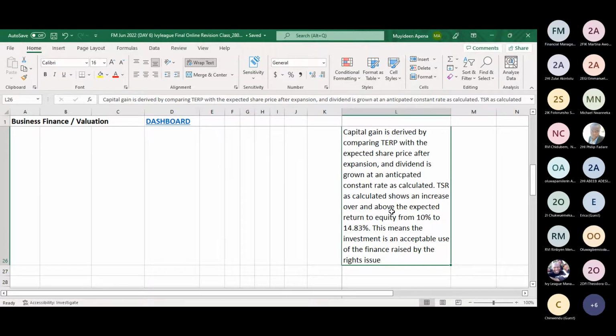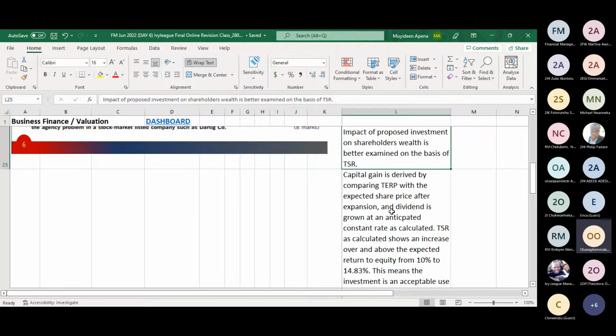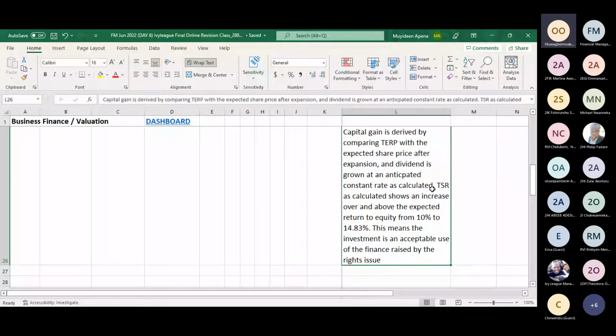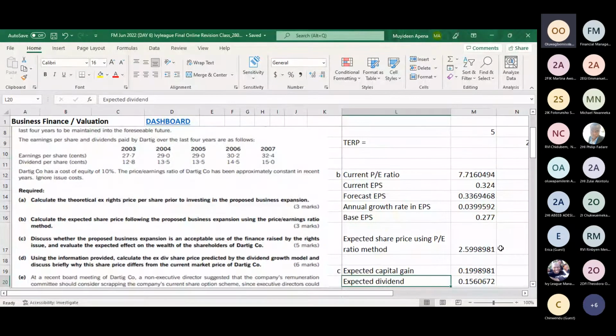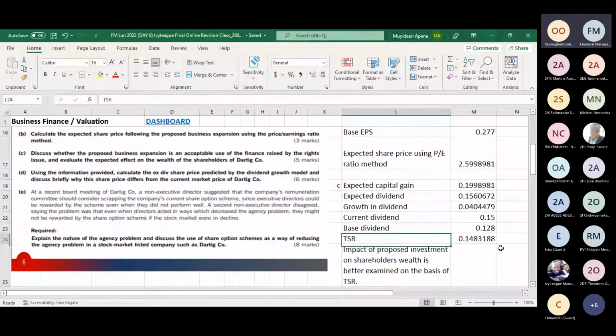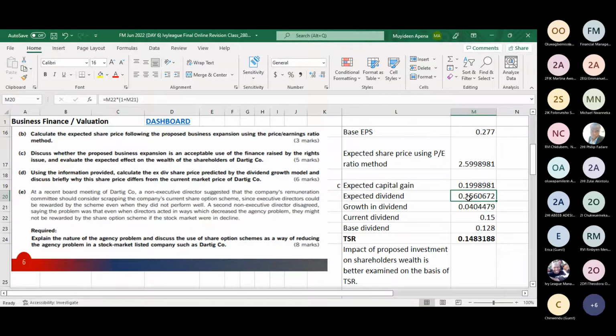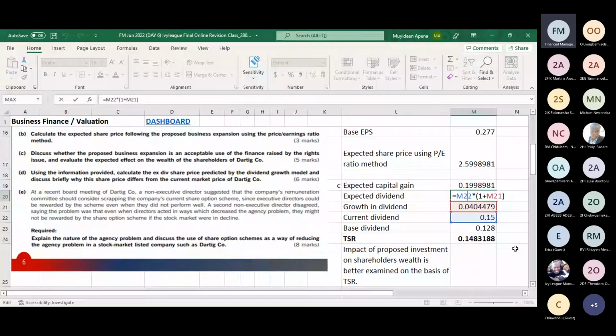Yes, hello? Sorry? Yes, sir. I have a question. Please can you scroll up? No, not to that point. The one before the explanation. Yes. Please, how did you get the expected dividend? The expected dividend, we grew the current dividend by the growth rate.